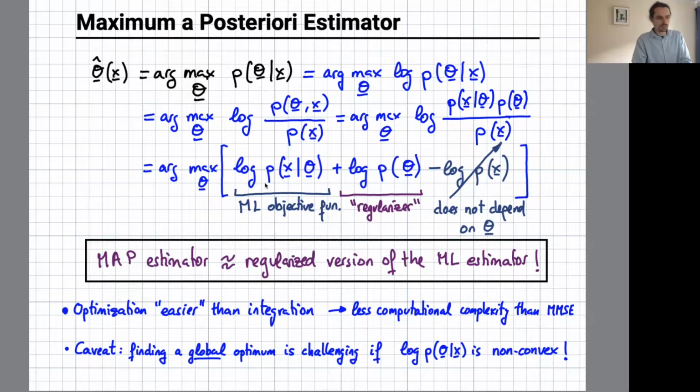So it is difficult to find the global maximum, right? And therefore, what we may end up with is not the true maximum a posteriori, but we just use a local maximum as a surrogate for it.